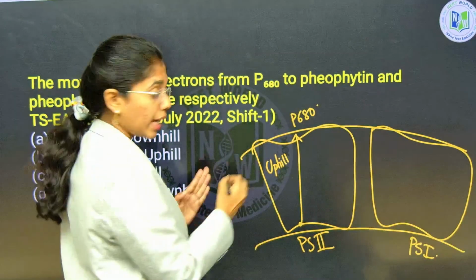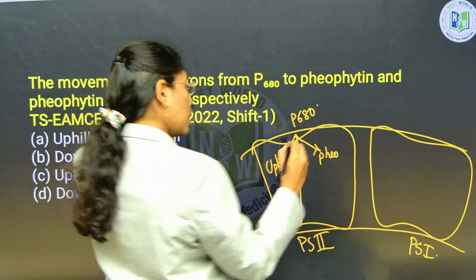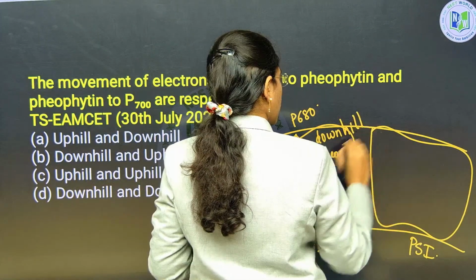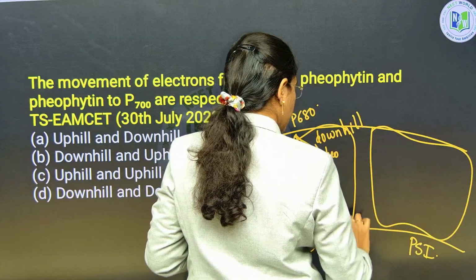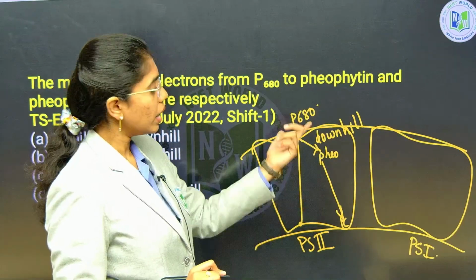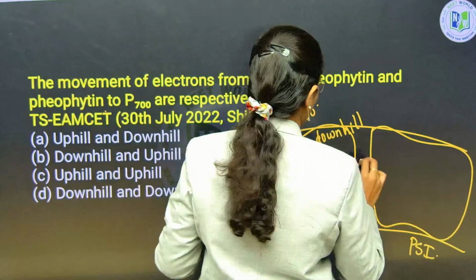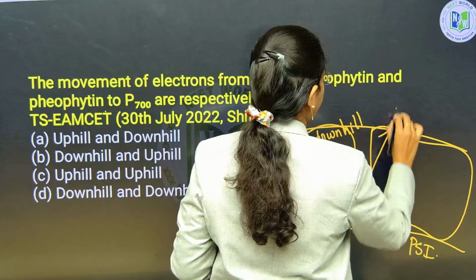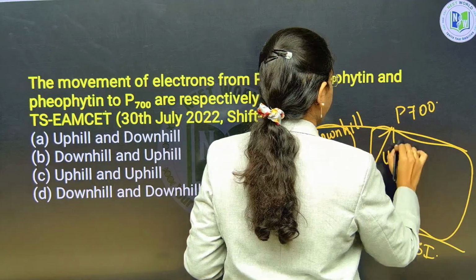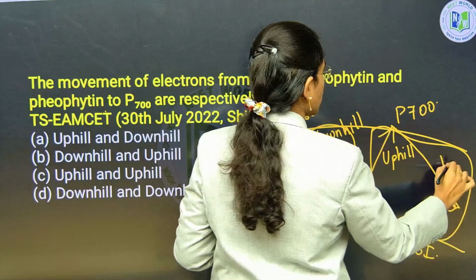From P680 to pheophytin, the first electron acceptor, this is downhill. All across to plastocyanin, the last electron acceptor of PS2, it is downhill movement. From plastocyanin to P700, it is uphill movement. Again from here to NADP, it is downhill.